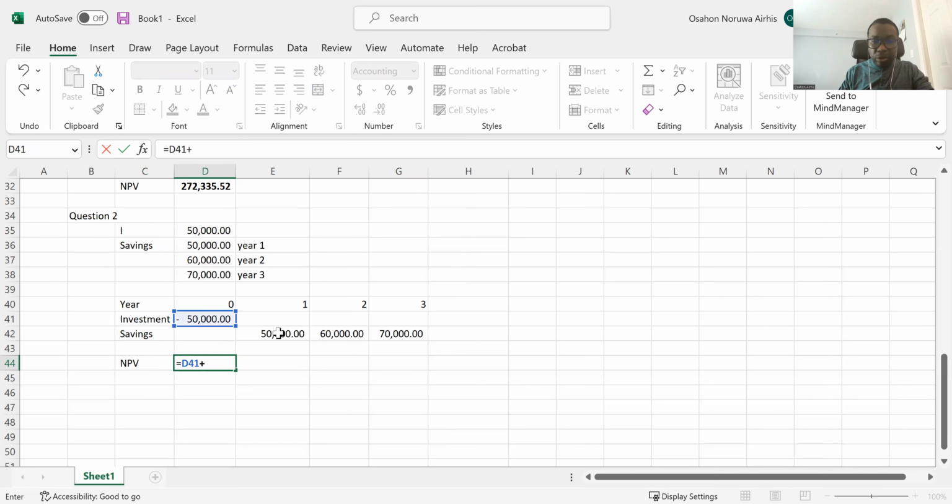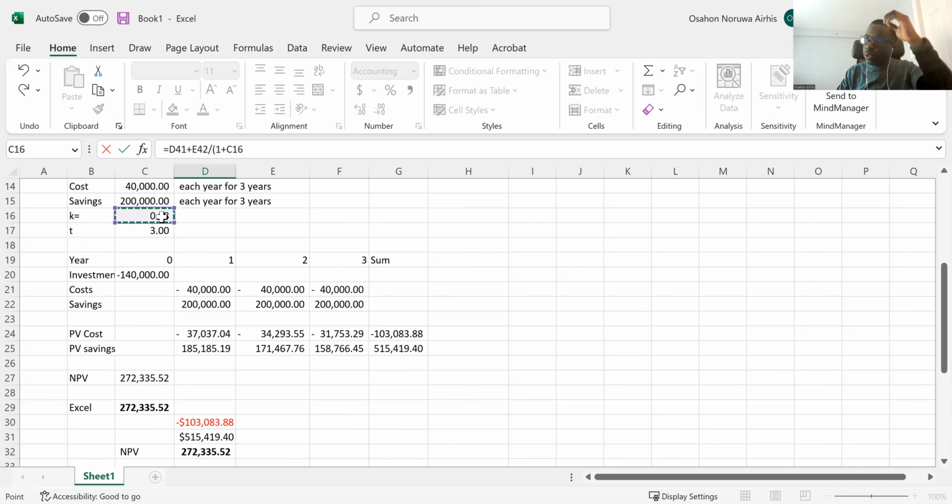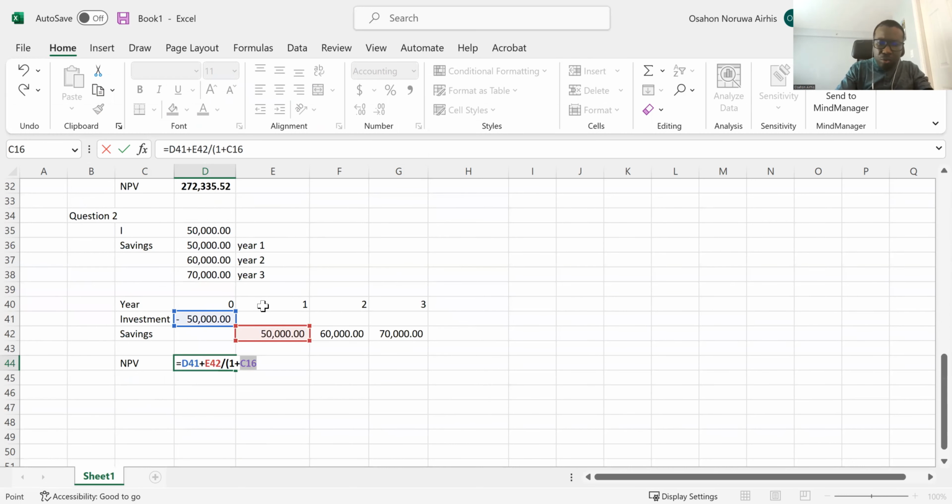plus the present values of this amount, which we can calculate by saying P, which is this, divided by 1 plus k, which is also 0.8 like it was for the past question, raised to power 1. Okay, I'm going to just put a bracket here.